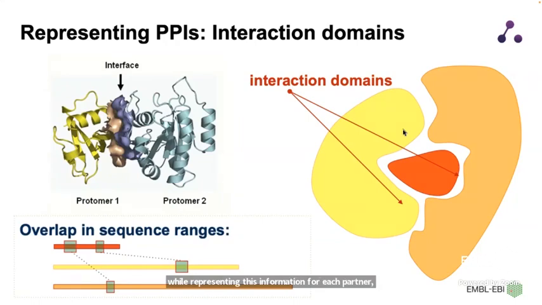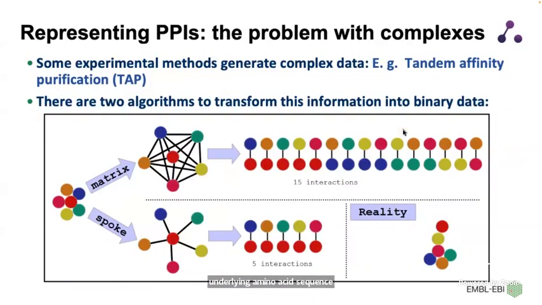Sometimes there might be interesting post-translational modifications which are required for an interaction to happen. So this can also be mapped to the underlying amino acid sequence. And while considering the representation of interaction data in databases, there is one problem with complexes, because some experimental methods generate complex data.